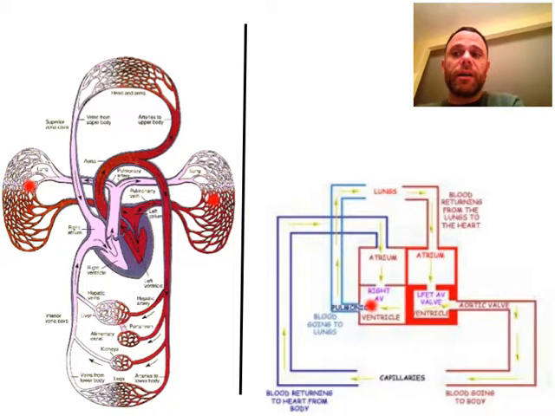Now on the right side, it's just showing one pulmonary artery going to lungs, much more simplified. And on the left now, the gas is now exchanged, carbon dioxide out, oxygen in. The blood is now oxygen rich, so it is oxygenated, and through the pulmonary veins are going to come back and meet up again in the left atrium.